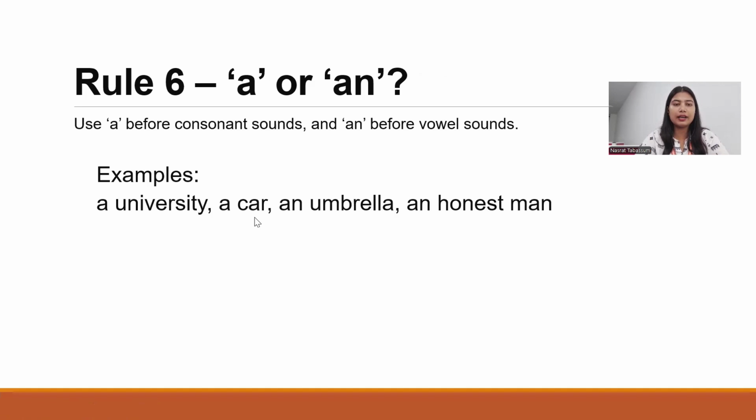I hope you already know the rules, but again, if the sound, not the letter, of the word starts with a vowel sound, we have to use an, and if the sound starts with a consonant, then we have to use a in the sentence before the subject.